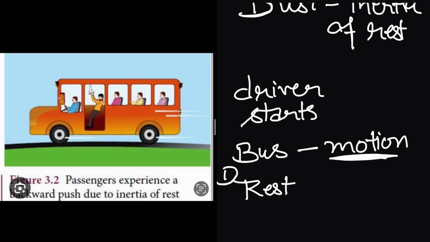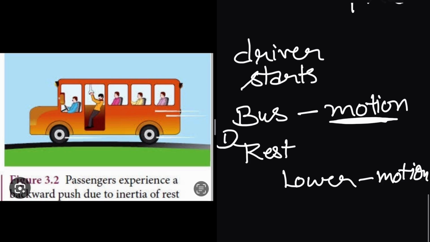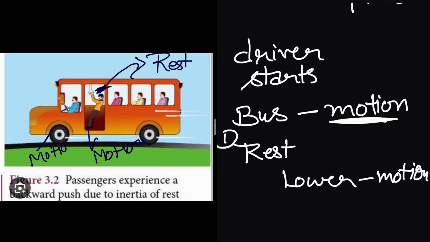But when the bus comes in motion, the lower part of the passengers, which is in contact with the bus, will also come in motion. But the upper part of their body wants to remain at rest. Lower part will come in motion because the bus is now in motion.